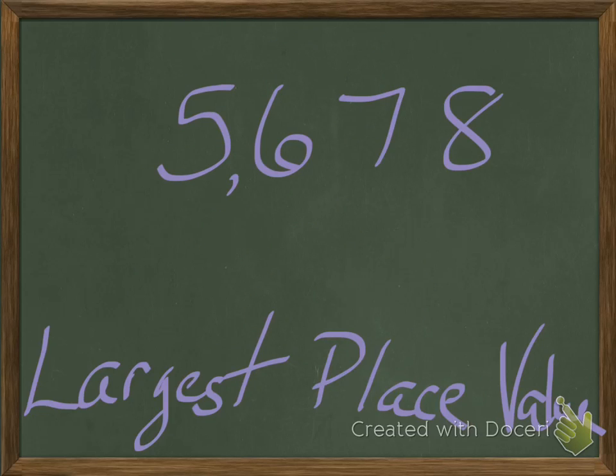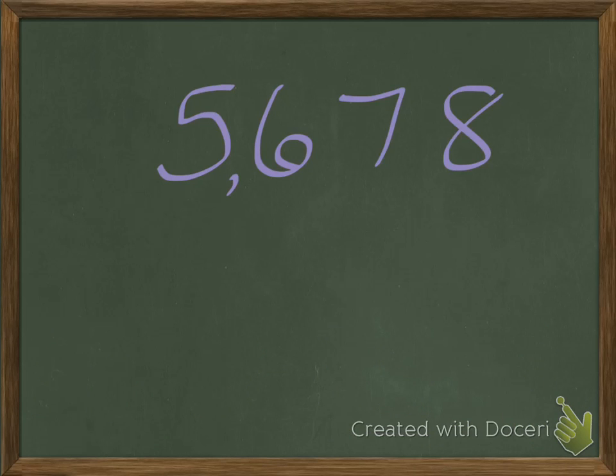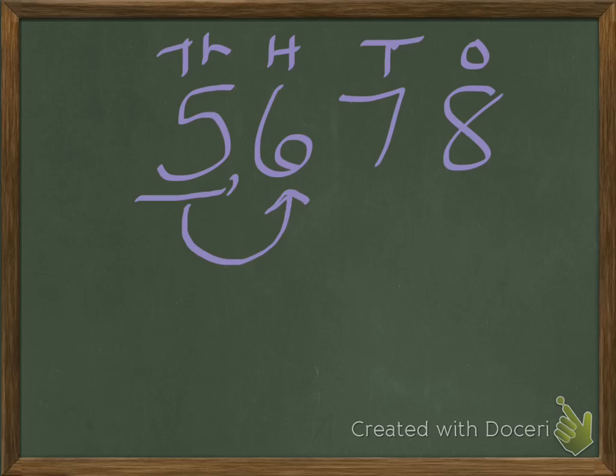Another way you might hear about rounding is rounding to the largest place value. And so our largest place value, let's see, you have one tiny hamster thousand. So our largest place value is the thousands, which is the 5. So all you have to do is underline the thousands place, the 5. You put an arrow to the right of it, which is 6. And you ask yourself, is a 6 5 and up?